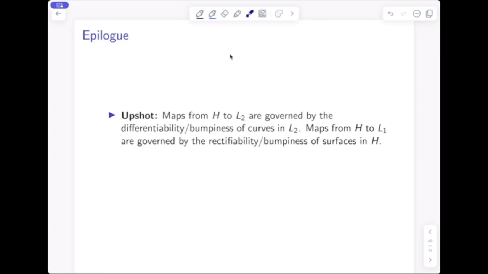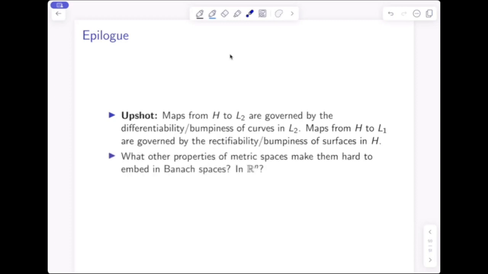Maps from the Heisenberg group to L1, on the other hand, because of this construction with characteristic functions, because of this equivariant construction, are governed by how bumpy a surface we can construct. And it turns out that we can construct much bumpier surfaces in the Heisenberg group than we can construct lines in Rn. And so you get a difference in the distortion between L1 and L2.